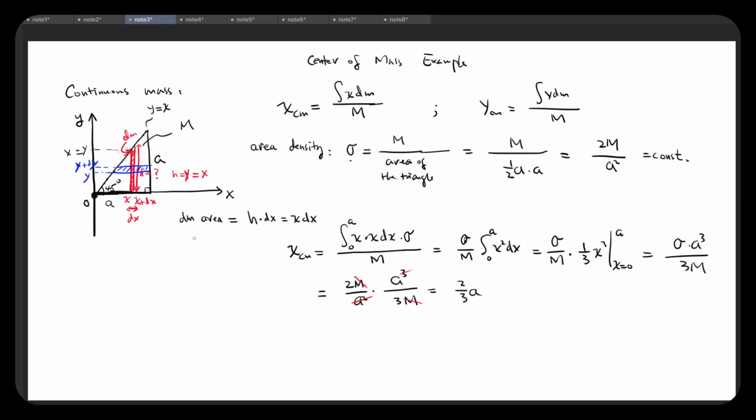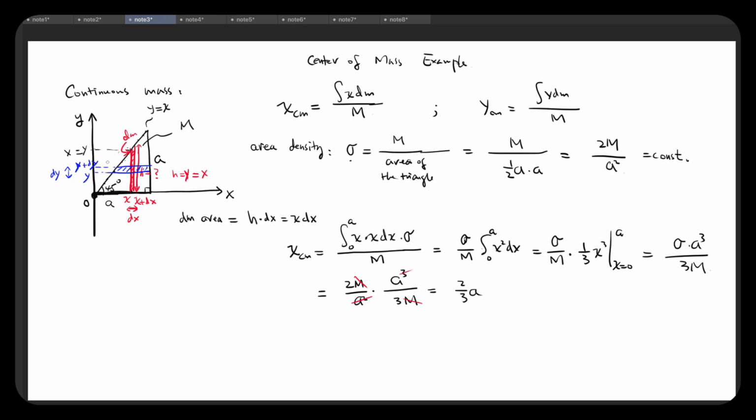So remember, when we wrote down the red area, we used the width dx and the height y, or x. Now in this case, we also have this width we call dy, but now the height would be horizontal, right? What's this height? We can still use the equation that we found, y equals x.